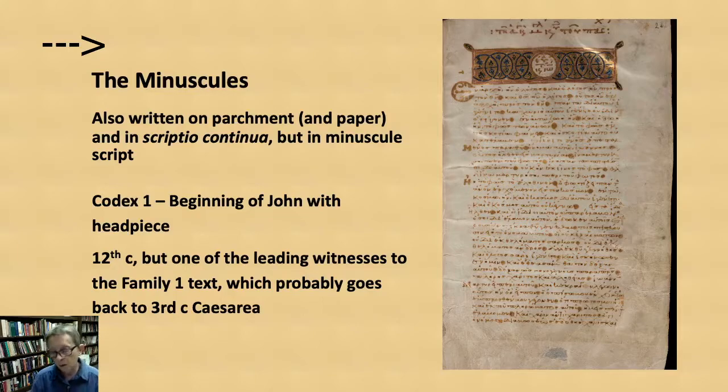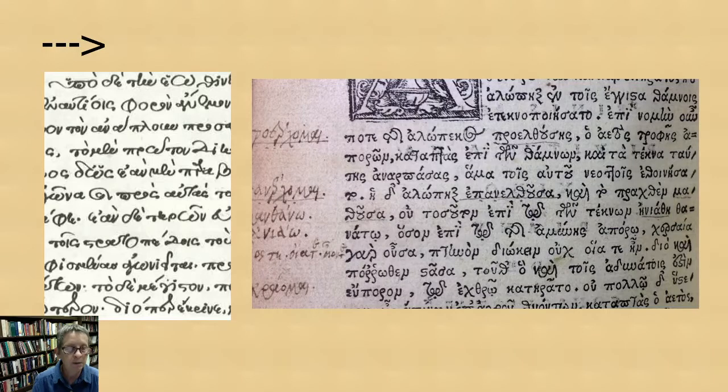There are well over 2,800 minuscule manuscripts, ranging in date from the 9th to even up to the 17th century after the invention of the printing press, but most of them are between the 10th and the 14th century. Now, let me move ahead here and look at, first of all, this. I showed you that this was handwritten minuscule, late, probably 14th or 15th century, what you're looking at here.